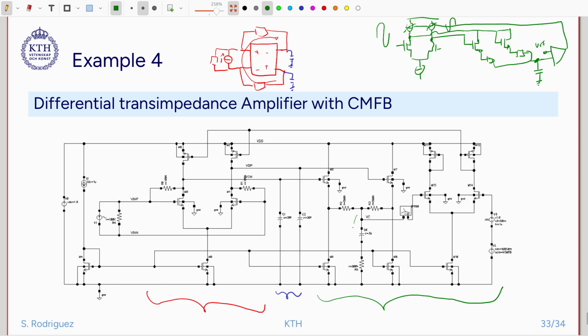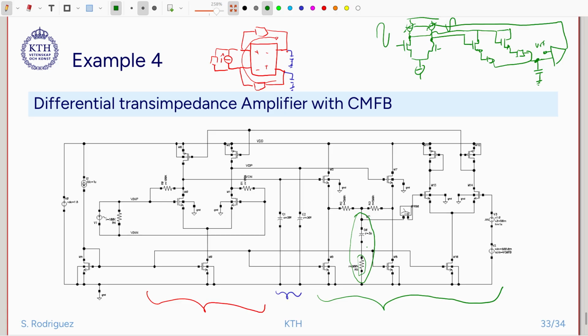When we have the capacitor here, we have the possibility to do pole zero compensation. So we place a low frequency pole, and then if we put a resistor in series, we create a zero, and then we can put this zero over another pole to improve the stability.